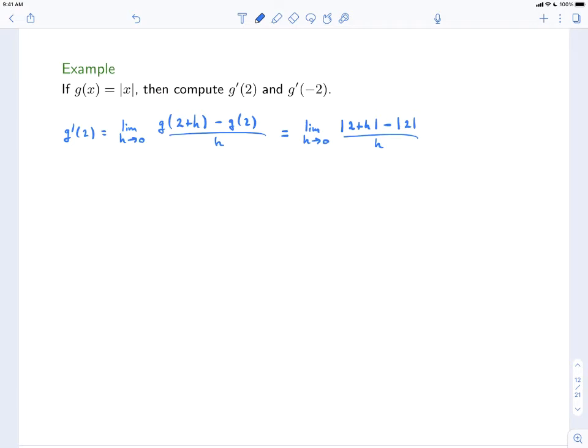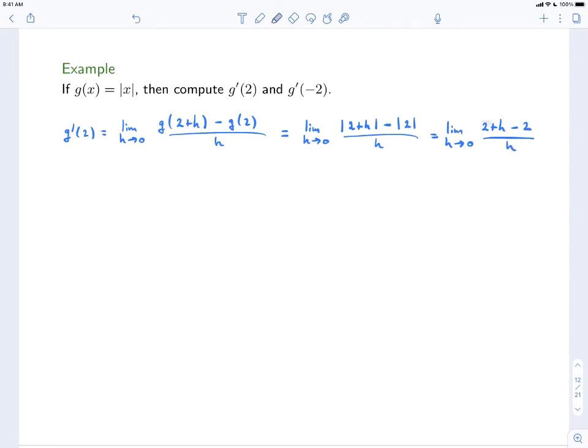So the absolute value function just gives you the argument back if the argument is positive. So here we have the absolute value of 2, that's just going to be 2. What about this 2 plus h? Well, h is close to 0, so 2 plus h is really close to 2, so it must be positive as well. So we're just going to end up with the limit as h goes to 0 of 2 plus h minus 2 over h.